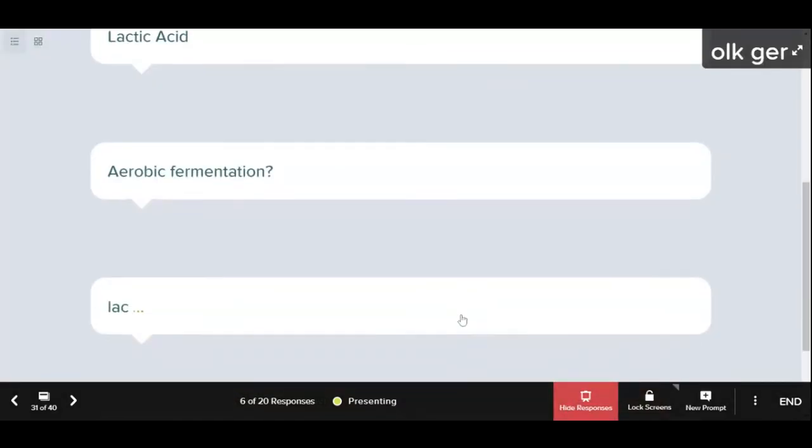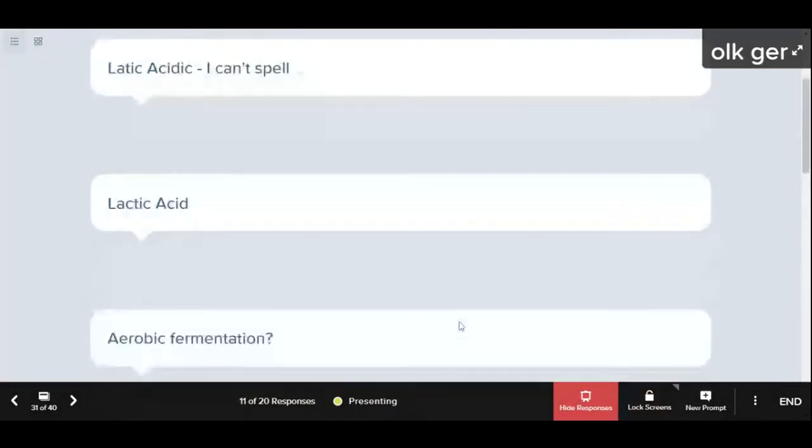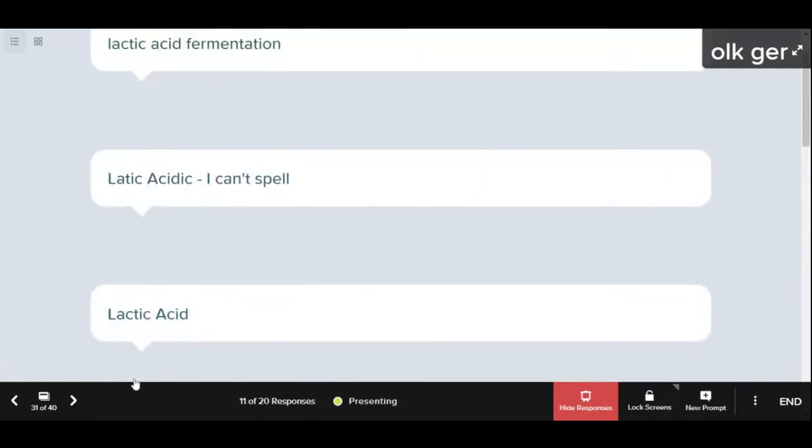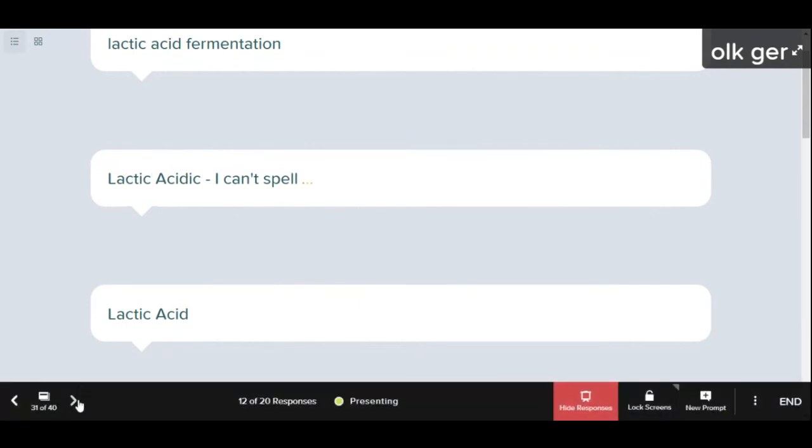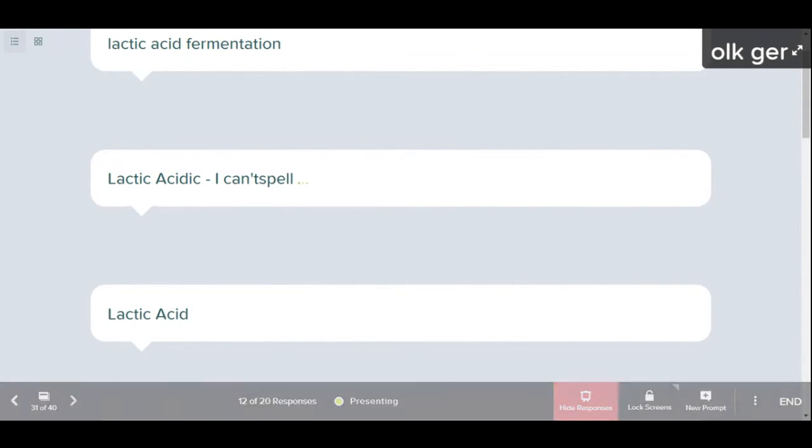Lactic acid, yes, lactic acid is correct. It is actually a toxin in your body, and your muscles want to get rid of it and squeeze it out. It gets filtered out and sent out in your waste product.